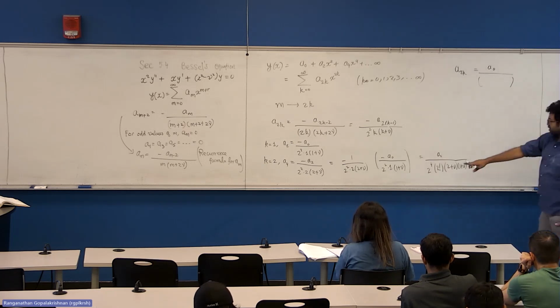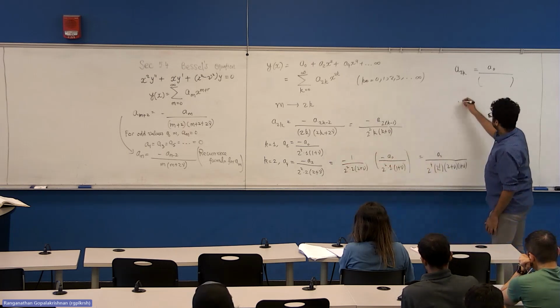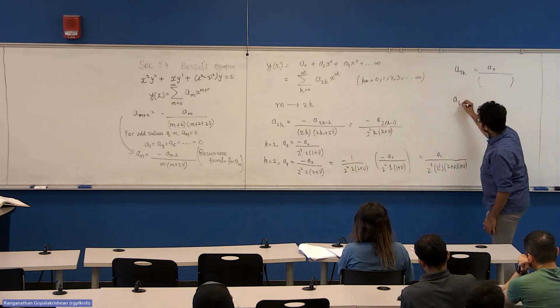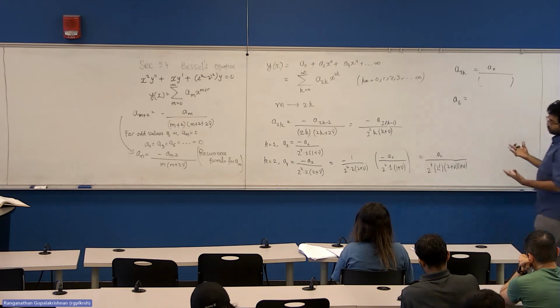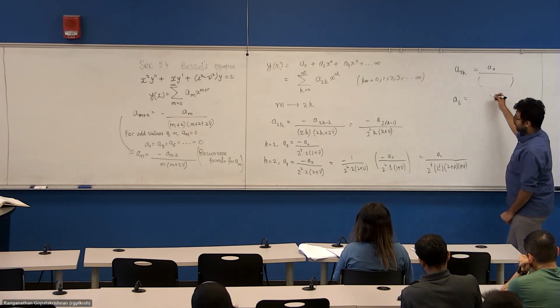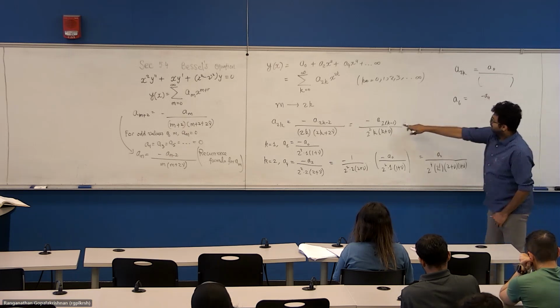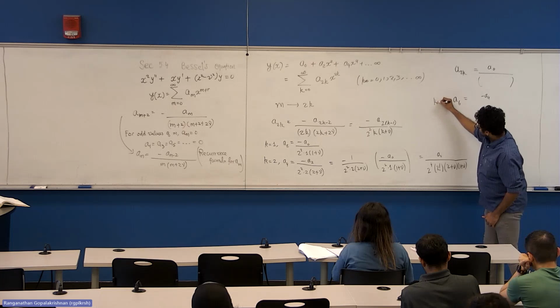Like we just did a_2 and then a_4. Maybe you can try a_6 and see if a pattern is starting to pop out. What is a_6? A_6 would be minus a_4. I have to substitute k equals 3 here.